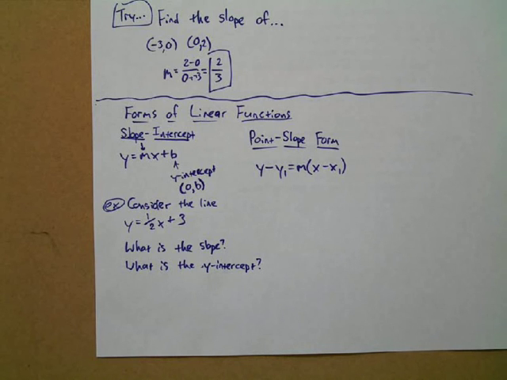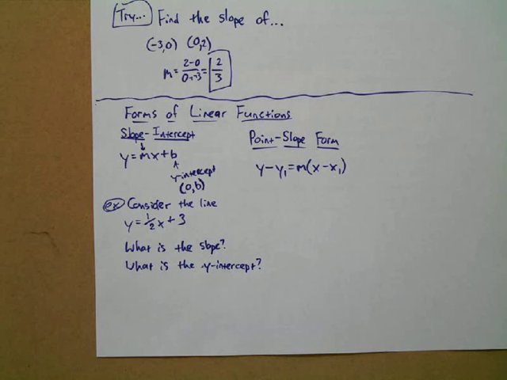What can we tell just by looking at that equation? What is the slope of that line? Not sure? Okay, so again, do you recognize what form it's in? Is it slope-intercept form or is it point-slope form?